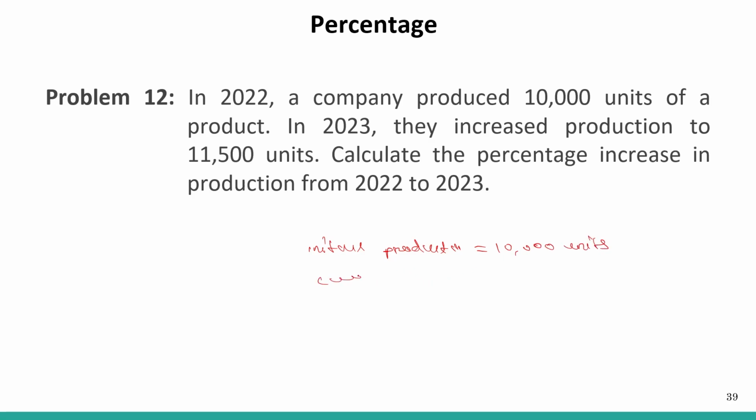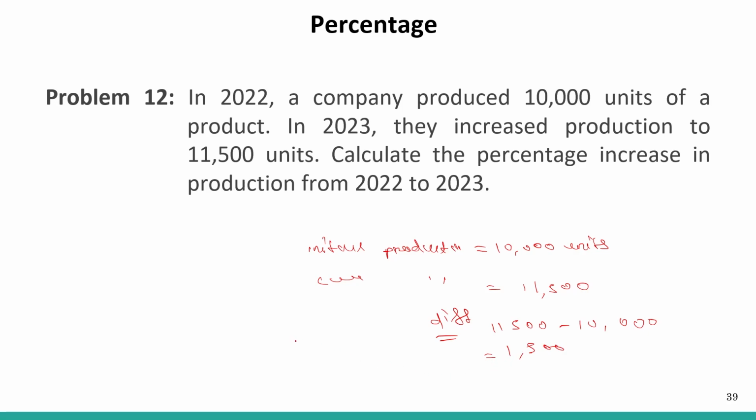Current production is 11,500. So the difference will be 1,500, that is 11,500 minus 10,000, which is equal to 1,500.